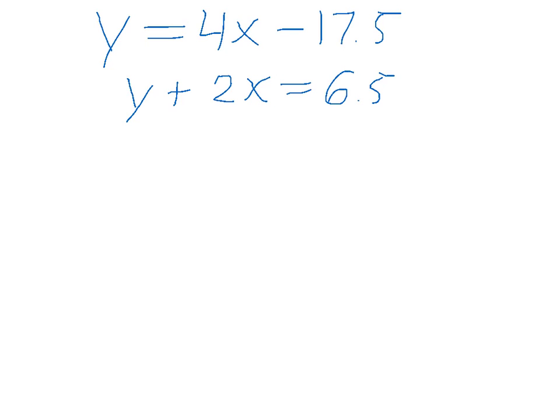I also know that y plus 2x is the same thing as 6.5. So if I just use my logic here, if y is the same thing as 4x minus 17, then in place of this y, I can simply put 4x minus 17.